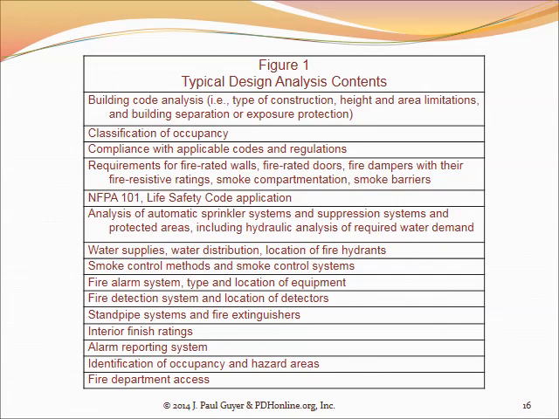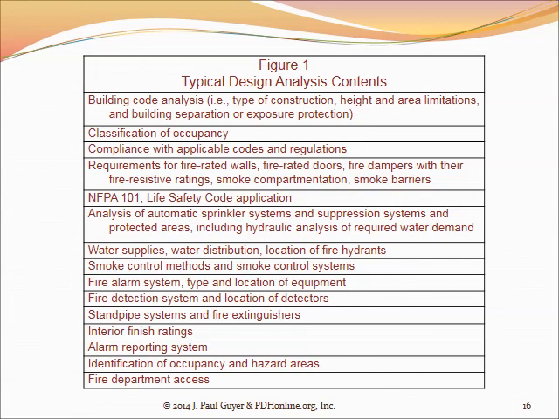So these are the elements that you would typically include in the design analysis, a code analysis. What are you building your building out of? What kind of occupants are going to be in the building? How does the code classify it? One thing that I stay away from in this webinar is talking too much about the specifics of the various classification systems in the codes.